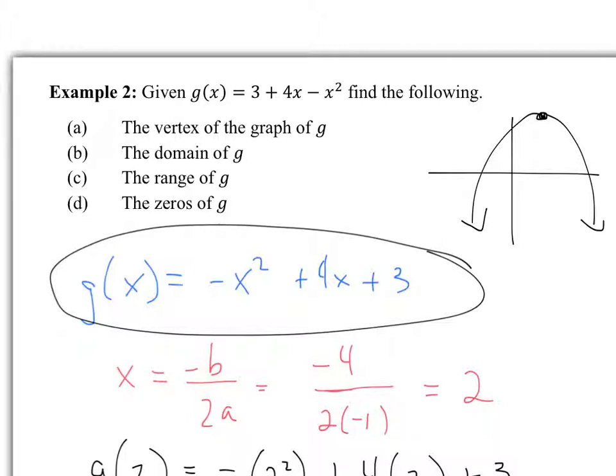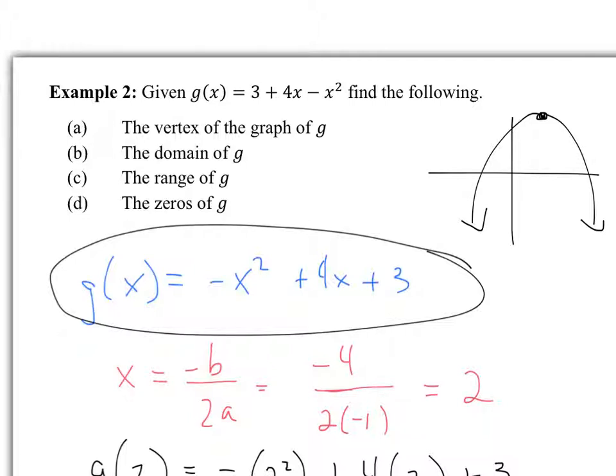So if it's going left forever, and it's going right forever, what values can x take on? Anything. All real numbers. A set of all numbers from negative infinity all the way to positive infinity.